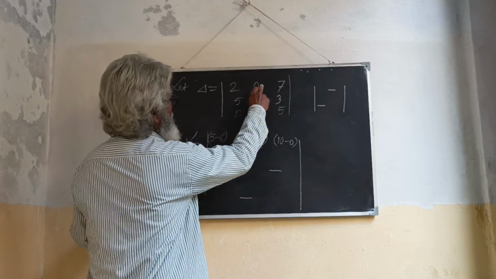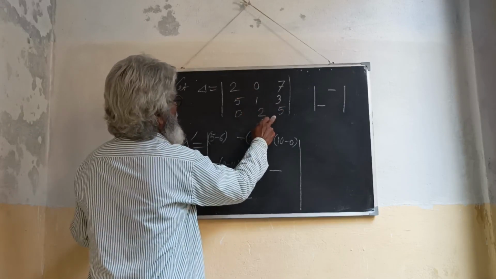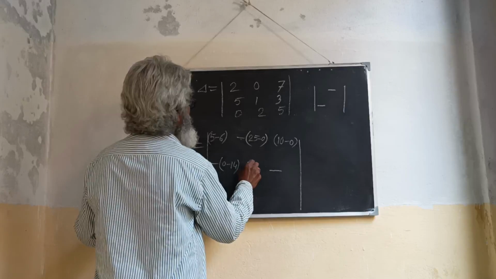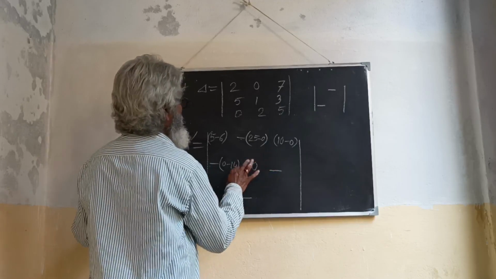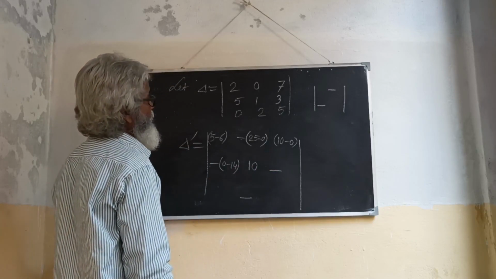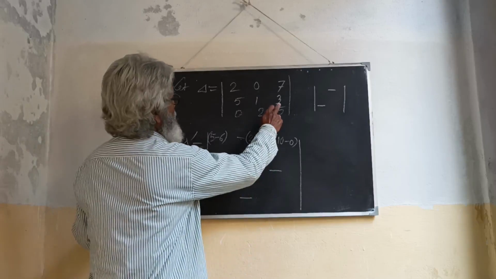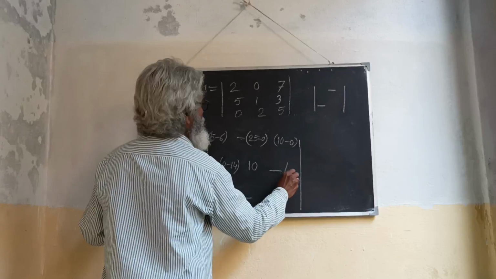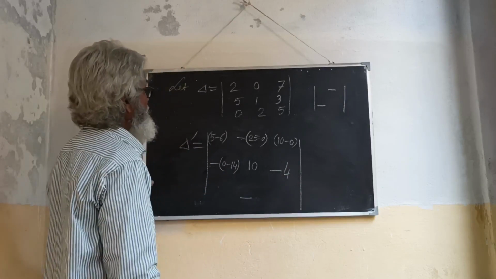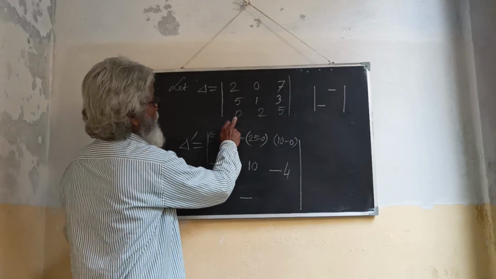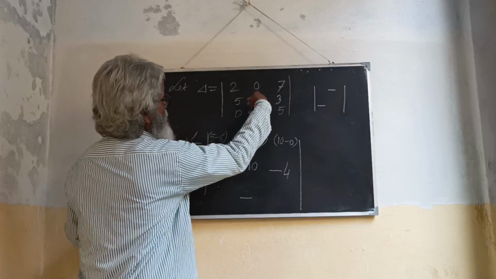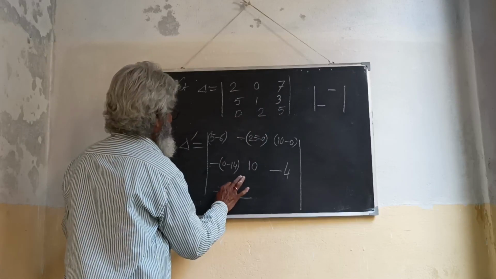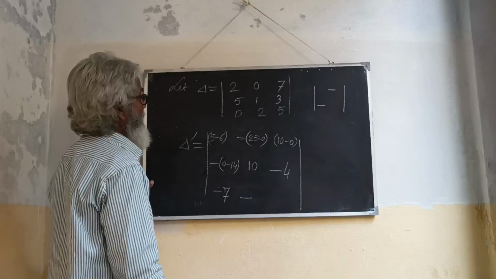For 1, omit this, 10 minus 0, so you write straightforward 10. For 3, omit this, 4 minus 0, so 4. For 0, omit this, 0 minus 7, so it will be minus 7.